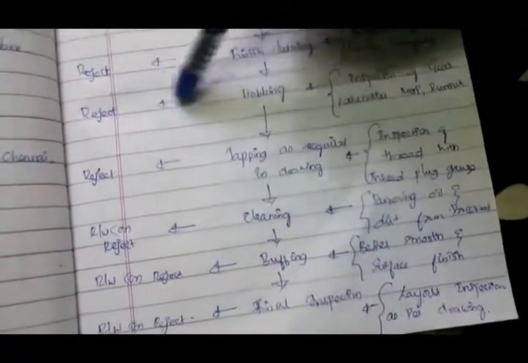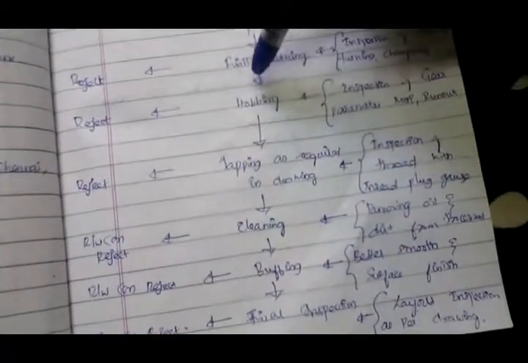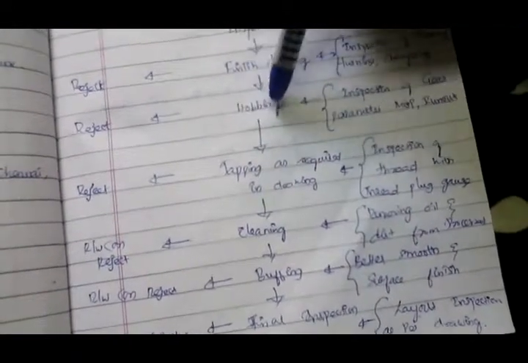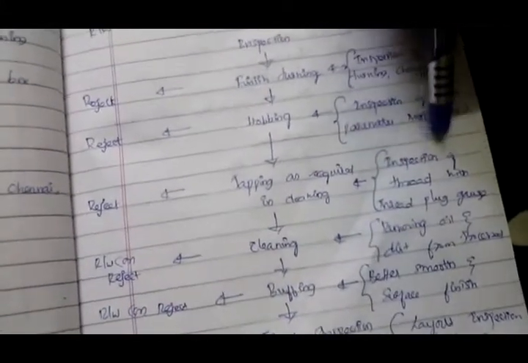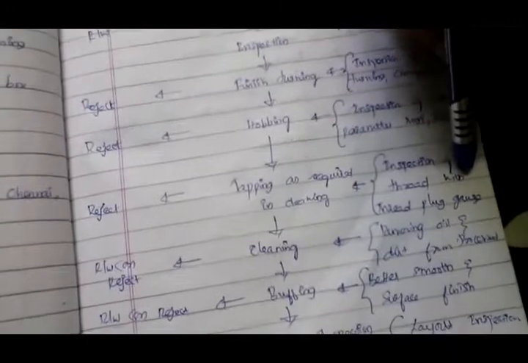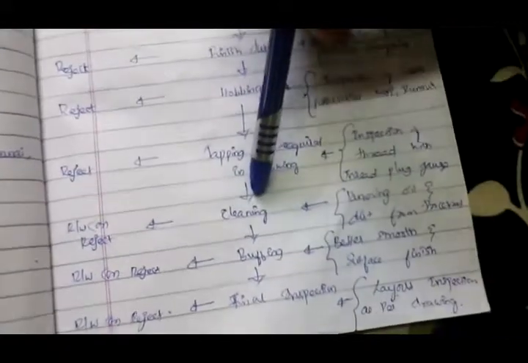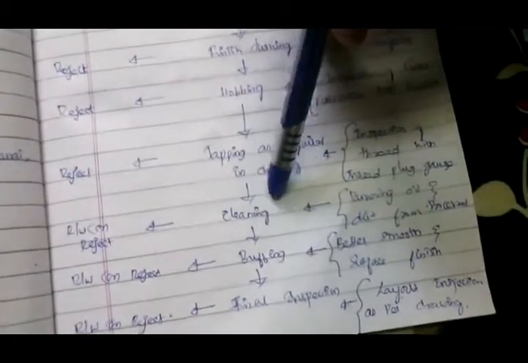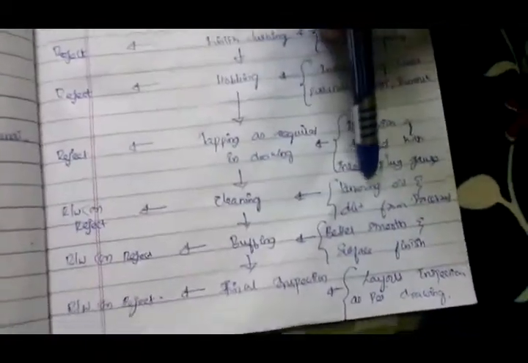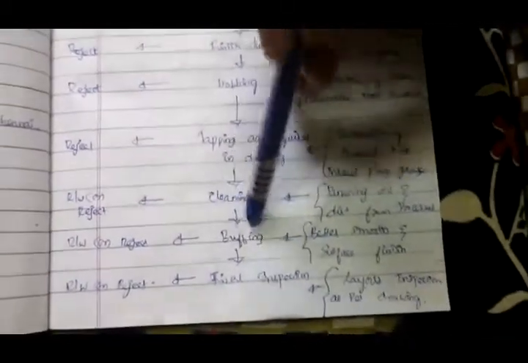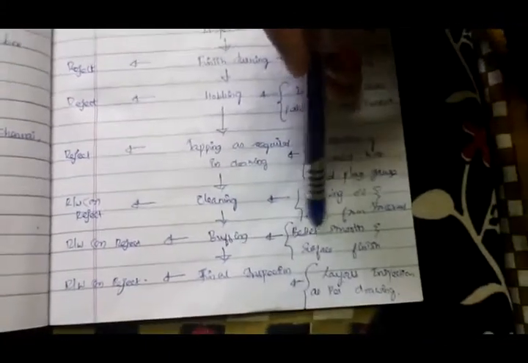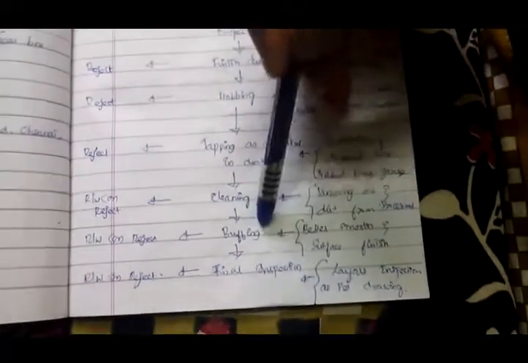Then we move to the tapping operation. As required in the drawing, for inspection we verify with a thread plug gauge. If it is found okay, we move to cleaning, where we remove oil, dirt and process residue. Then we move to the buffing area, where a smooth surface finish is achieved.